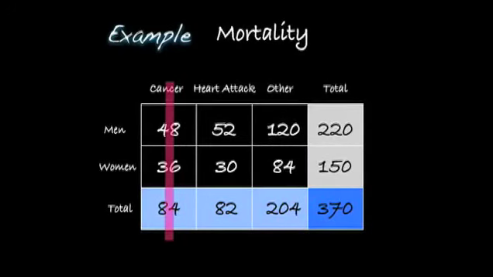If we look at the cancer column with the male row, we'll discover that 48 men died of cancer out of 220 men. So 48 divided by 220 will determine the probability of dying of cancer, given that you were a male.